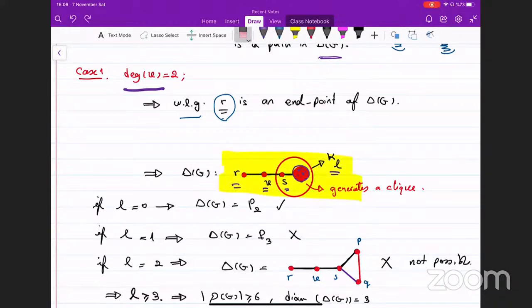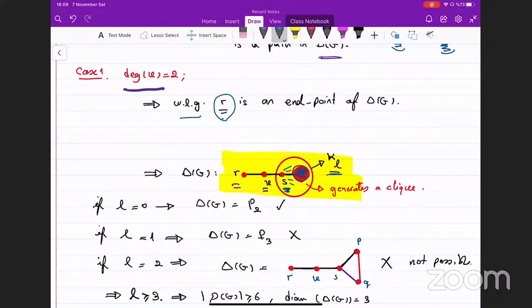This is true for any two vertices here, and this means that KL generates a clique. Not only is KL a clique, but the vertices of KL and S together generate a clique. It means S is connected to any vertex of KL.